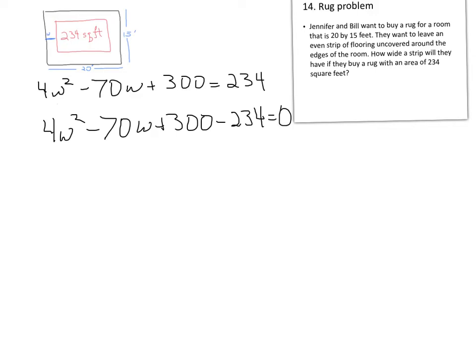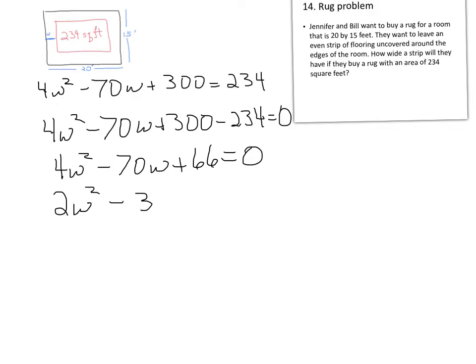And 300 minus 234 is 66. So we have 4W squared minus 70W plus 66 equals 0. Okay, I like to see if I can pull out a common factor, and in here all of these numbers are divisible by 2. So let's rewrite that. After dividing everything by 2, we get 2W squared minus 35W plus 33 equals 0. That makes our numbers a little smaller and easier to deal with.